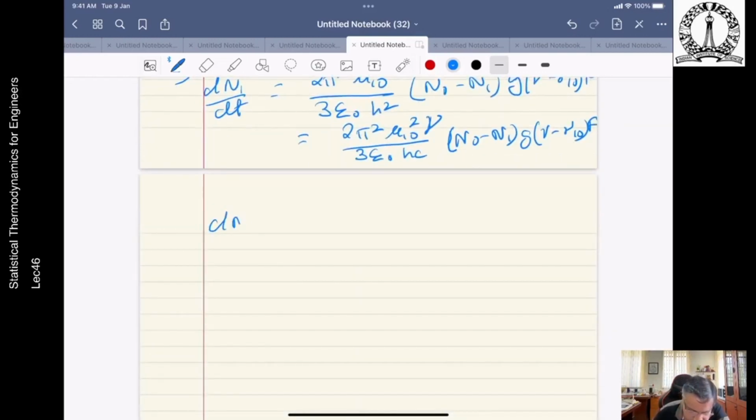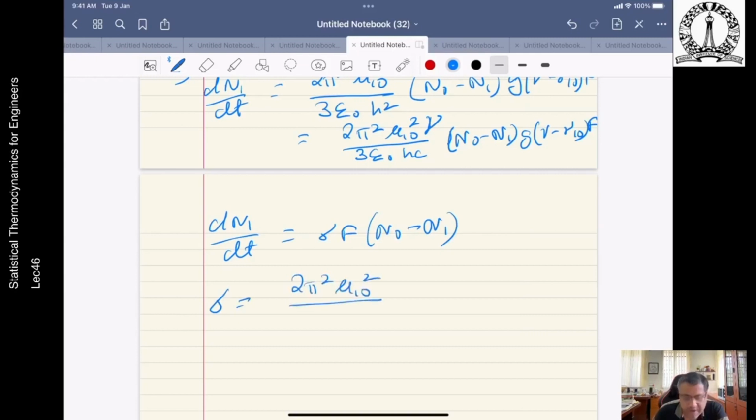This gives rise to dN1 by dt is equal to sigma f n naught minus n1, where sigma is equal to 2 pi square mu 1 square divided by 3 epsilon naught hc g v minus v1. This has a dimension of meter square.